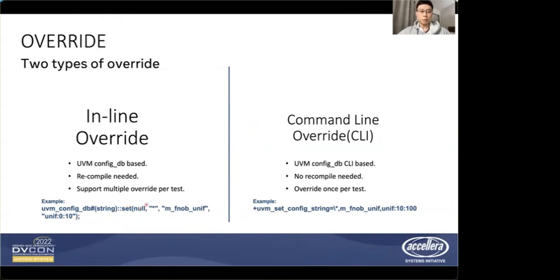The first variable, besides the path and all the UVM config_db required variables, is the name of the Fnob you want to override. Later in the string, there is the type of the Fnob you want to override, as well as the required parameters you need, and the same variables apply to the command line as well.